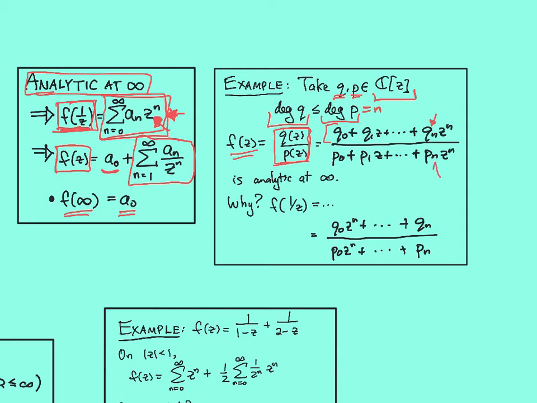But since we're saying that the degree of P is n, Pn should be non-zero. Okay, so we just have this rational function, and I claim it's analytic at infinity.